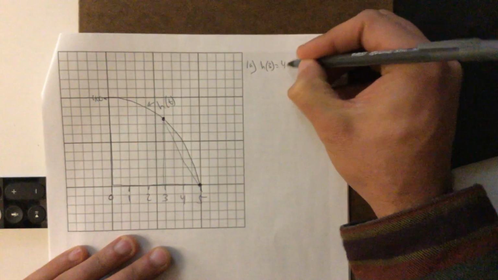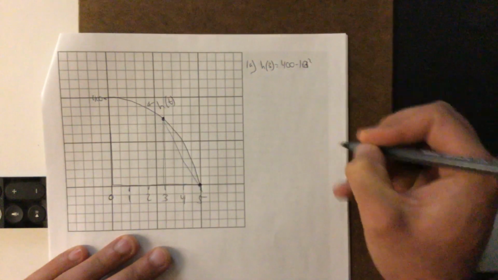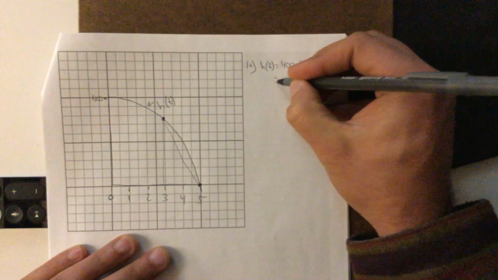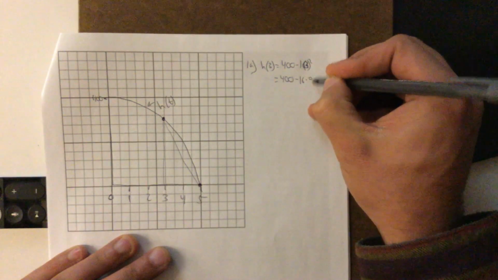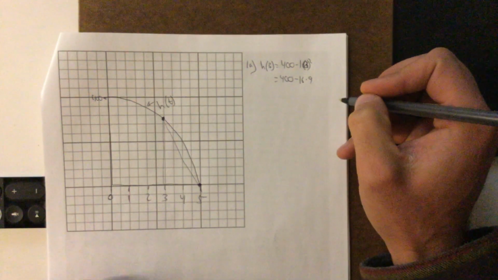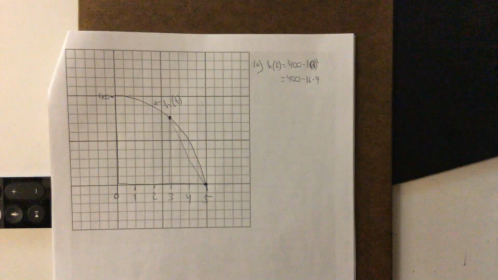So h of 3 is going to be 400 minus 16t squared, where t is actually 3. I should have written that as a 3. 16 times 3 squared, which is equal to 400 minus 16 times 9. And we know 16 times 9 is 144, I believe. Let me get out my calculator.